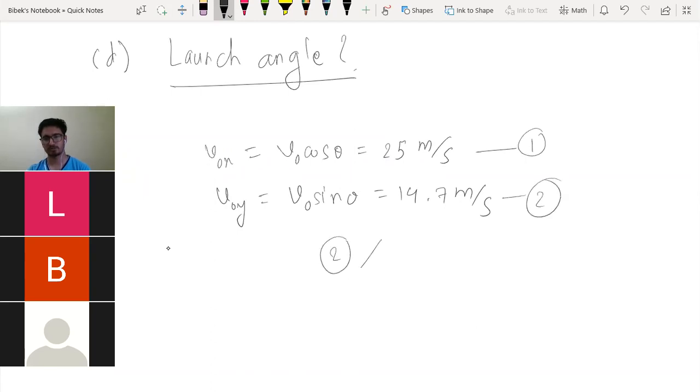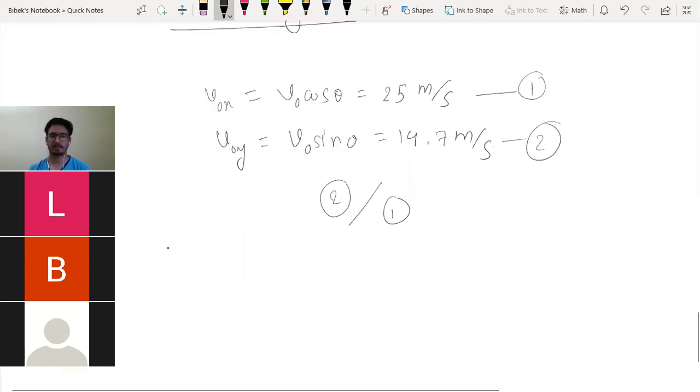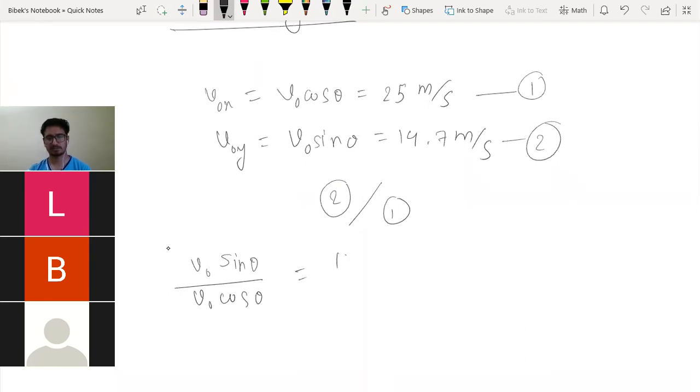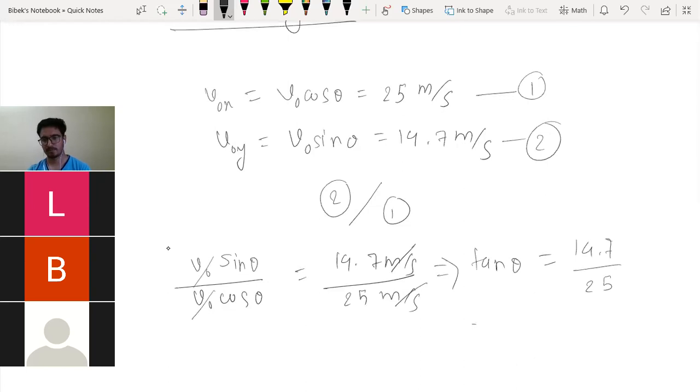If I divide 2 by 1, I'll get v0 sine theta over v0 cos theta is 14.7 meters per second divided by 25 meters per second. Your units get cancelled, your velocities get cancelled, and you get tangent of theta equals 14.7 over 25, and theta is inverse tan of 14.7 over 25.